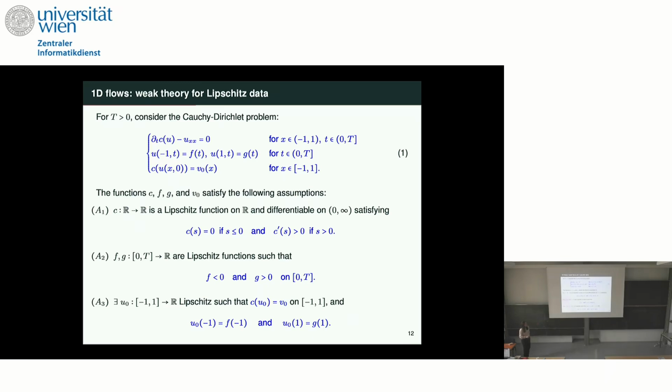Okay, so this is like saying that the positive part of U0 is this given V0. So we're assuming that everything is Lipschitz, and under these assumptions, what can we say, or what did they prove?